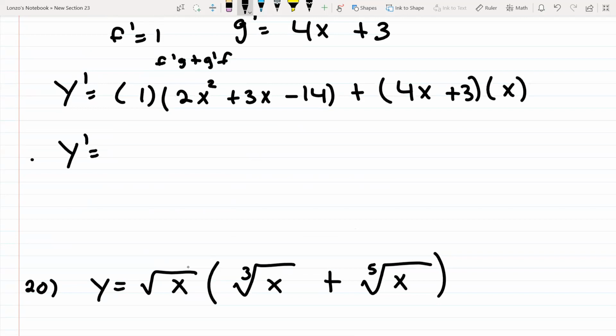So when you FOIL it out and collect like terms, I'm just going to write out the answer. Your final answer would be 6x squared plus 6x minus 14.